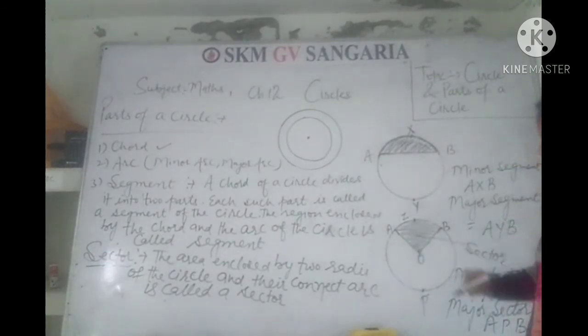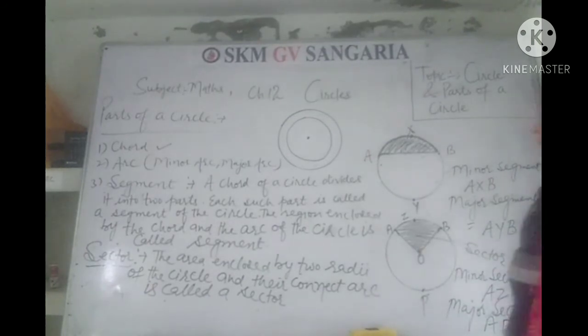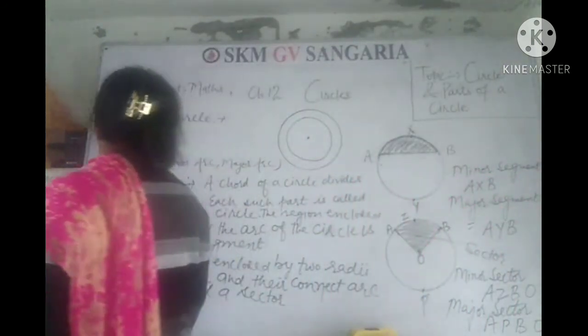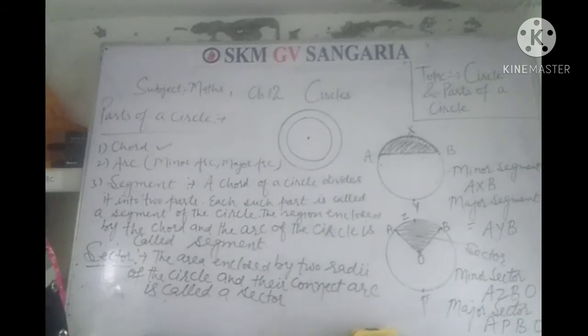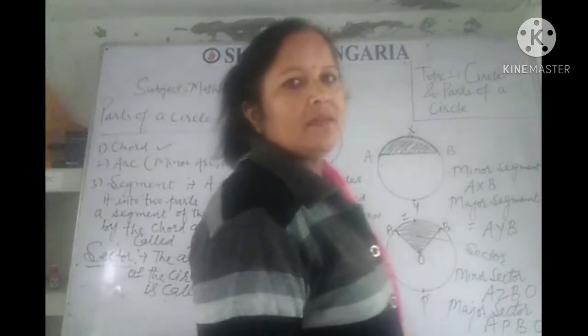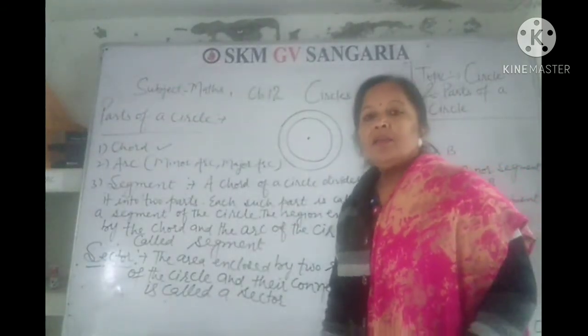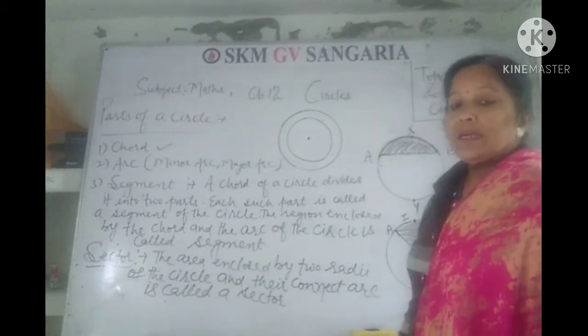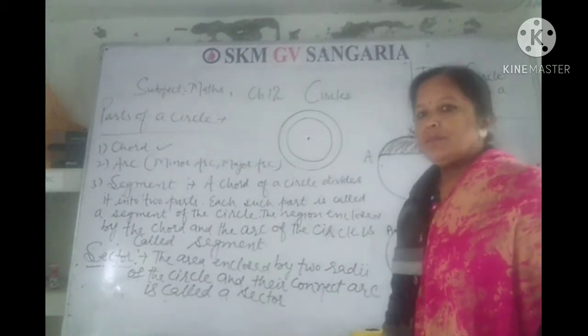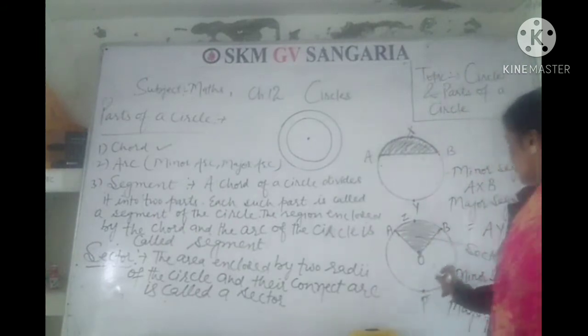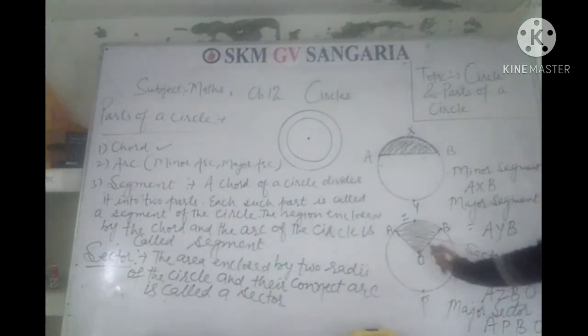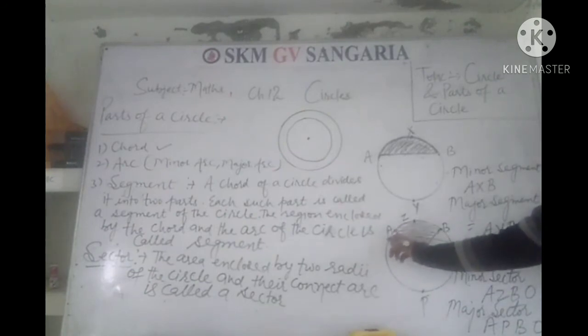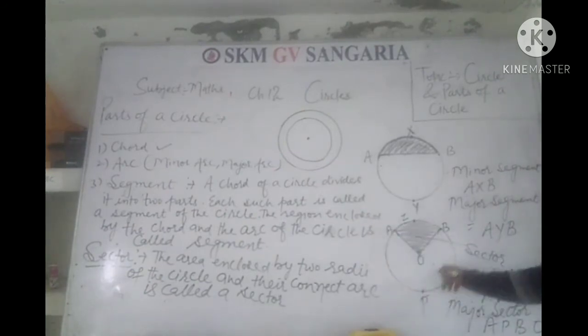We will also include here the center because the area enclosed by two of the radii of the circle and their connecting arc will be called the sector of the circle. So minor sector will be AZBO, and major sector will be APBO. Okay.